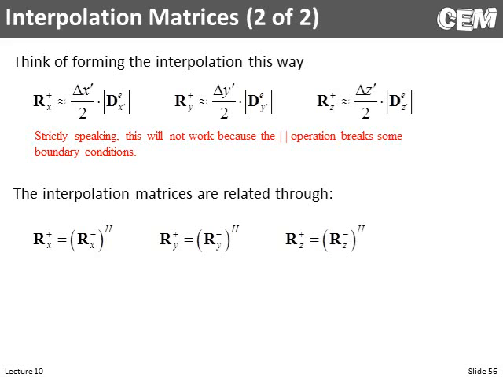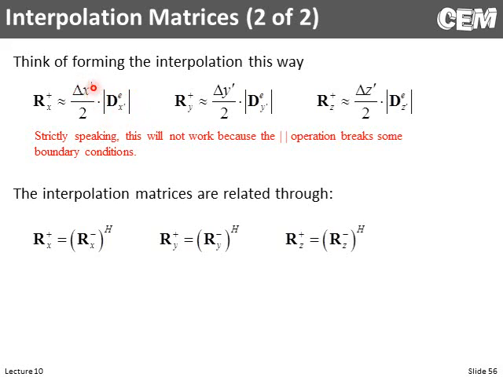So in the end, think of it this way. Think of your interpolation matrix that reaches to the next cell, interpolating in the x-axis, as sort of the derivative for electric fields in the x direction, but the absolute value of that, that's what gets rid of the negative and makes it a positive.